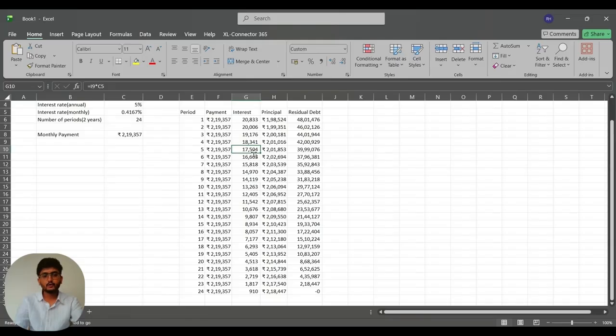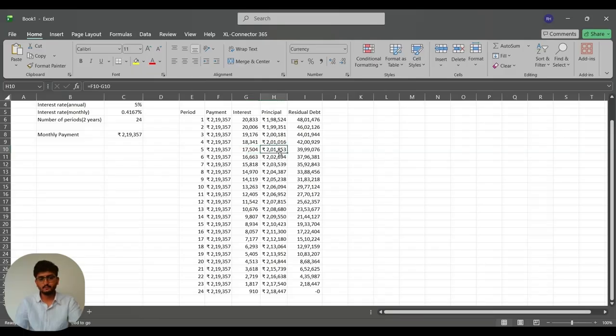Then you already know where we have to subtract: from the repayment EMI of 2,19,357 rupees, we are going to subtract 17,504. Then we'll get the principal amount, 2,01,853 rupees.